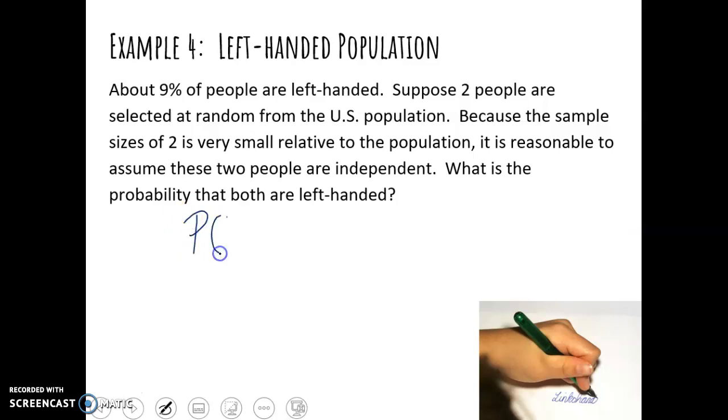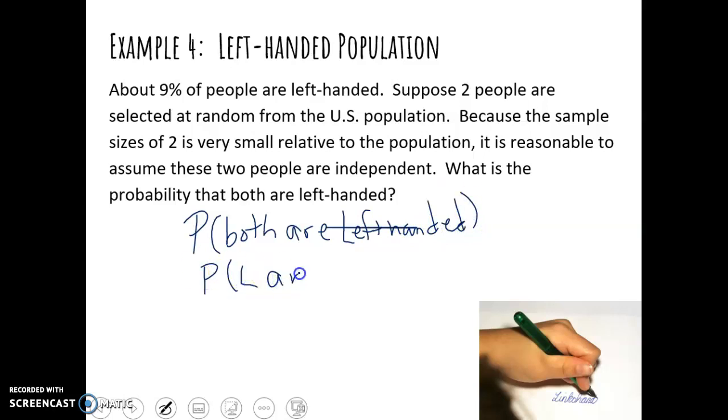So, what's the probability that both are lefties? That's the probability of the first one being a left-handed person and the second one being a left-handed person. So you're going to find the probability that the first one's left-handed and multiply that times the second one being left-handed. And again, they told us in the problem that this was independent. So that means one event occurring is not going to affect the probability of the other event occurring.